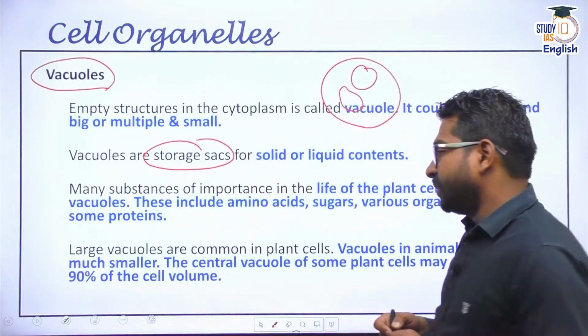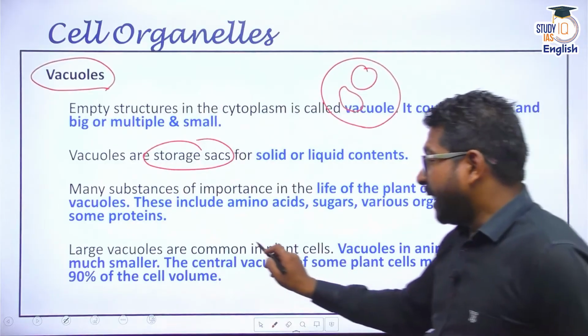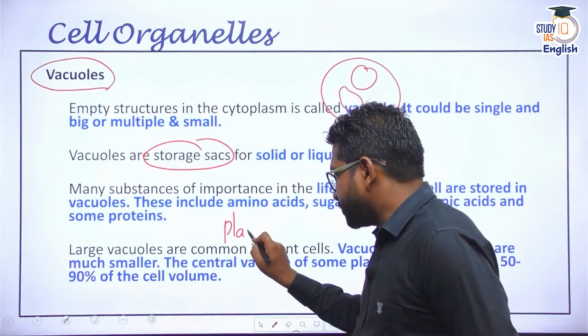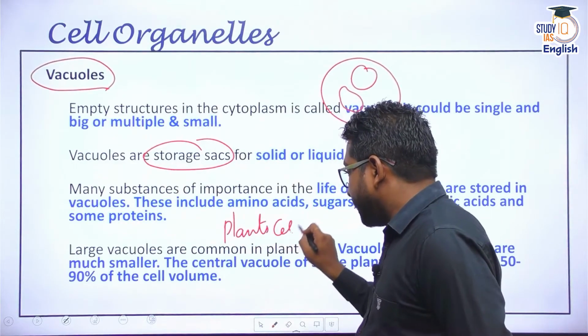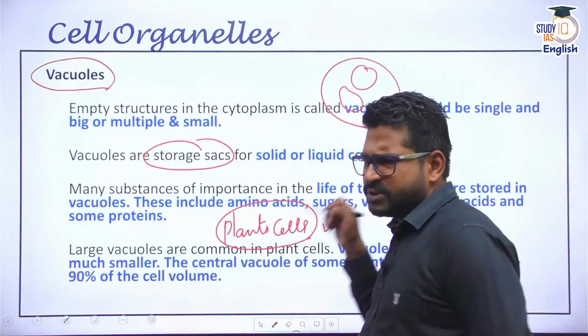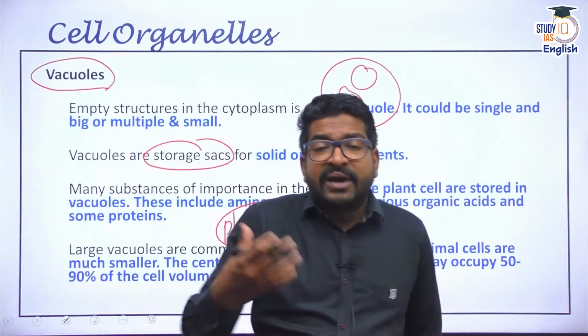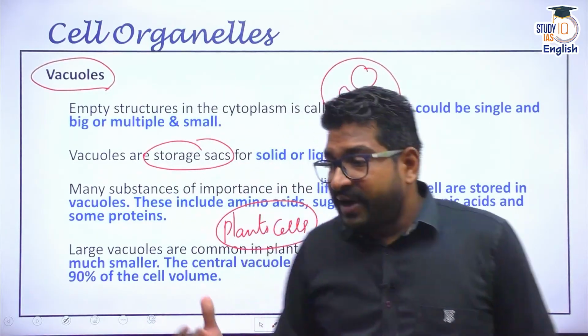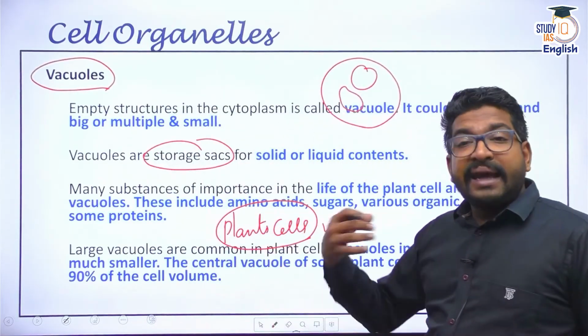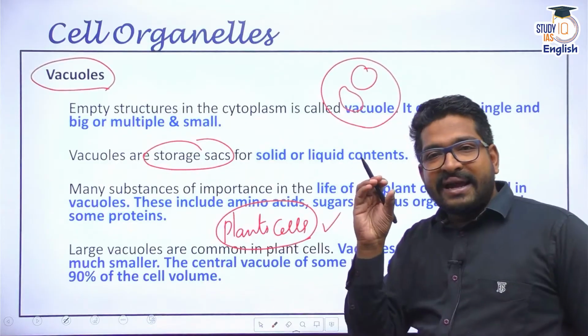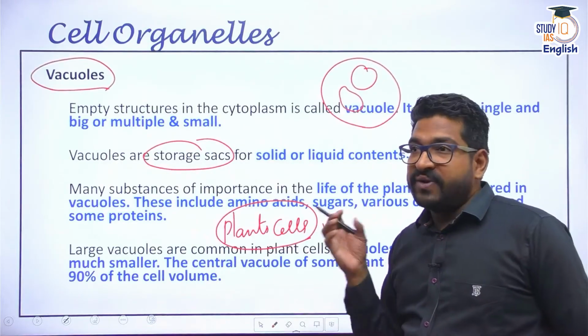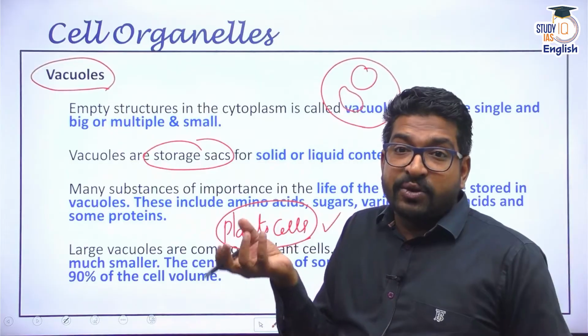All right. In fact, remember, plant cells have huge vacuoles. Plant cells have bigger vacuoles, and it does make sense also, isn't it? Why? Because plant cells need more water, they need gas exchange. That's why vacuoles help in that. But in an animal cell, vacuoles are rather smaller. In fact, in some animal cells, you may not find vacuoles also.